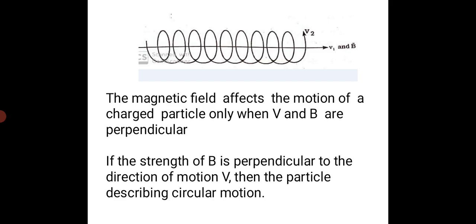The above figure represents the motion of a charged particle. So the magnetic field affects the motion of a charged particle only when V and B are perpendicular. If the magnetic field B is perpendicular to the direction of the motion V, then the particle describes circular motion.